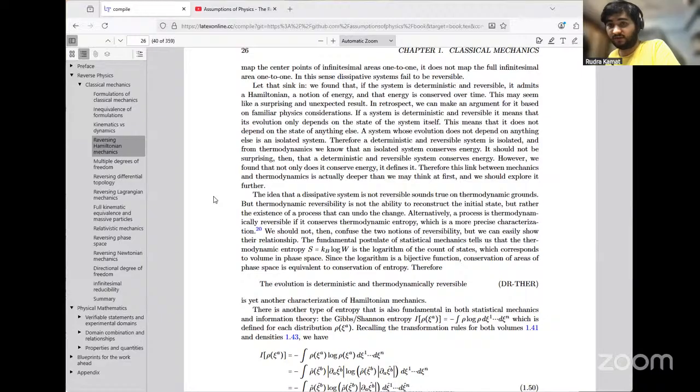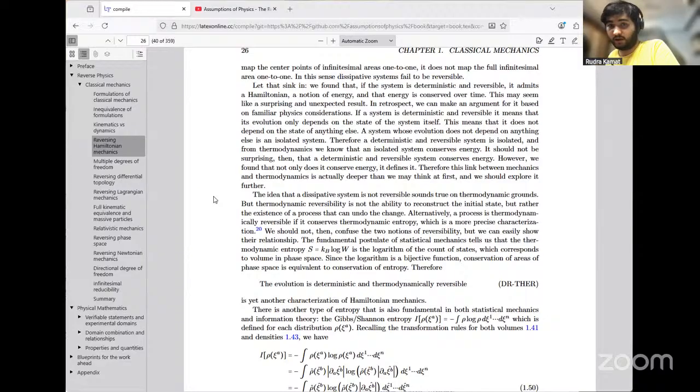If a system is deterministic and reversible, it means that its evolution only depends on the state of the system itself. This means that it does not depend on the state of anything else. A system whose evolution does not depend on anything else is an isolated system. Therefore, a deterministic and reversible system is isolated.